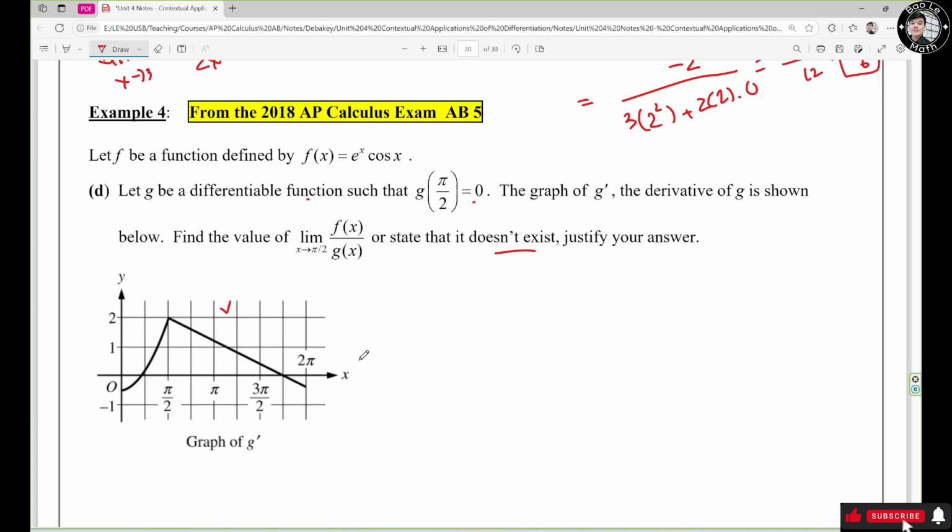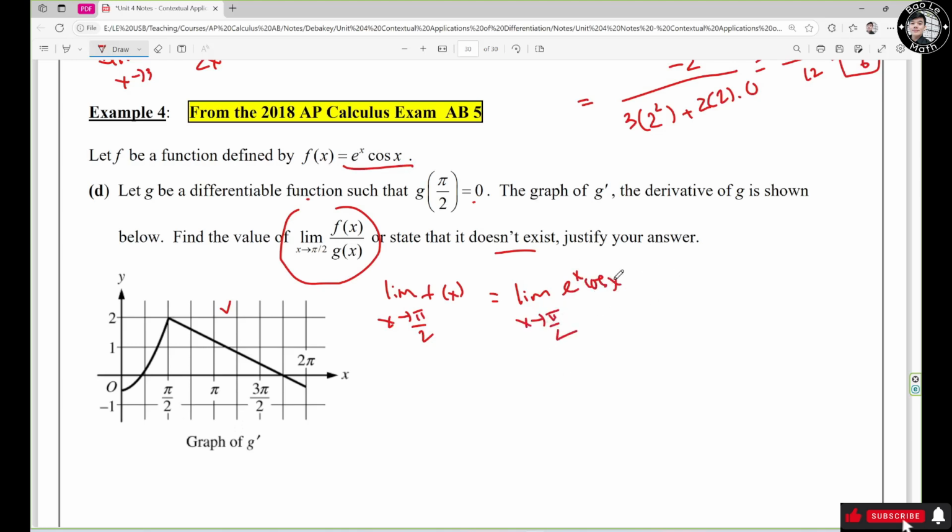Justify your answer, right? So basically, you need to check the numerator and denominator, right? The limit of f of s when s approaches pi over 2 is going to be the limit of e to the s cosine s right here, when s approaches pi over 2.